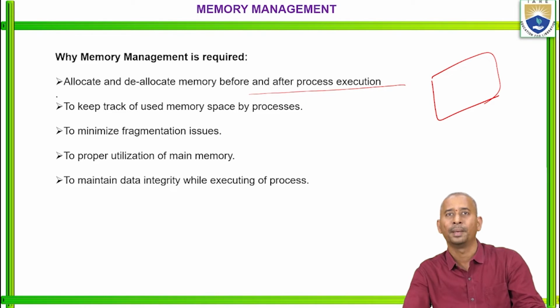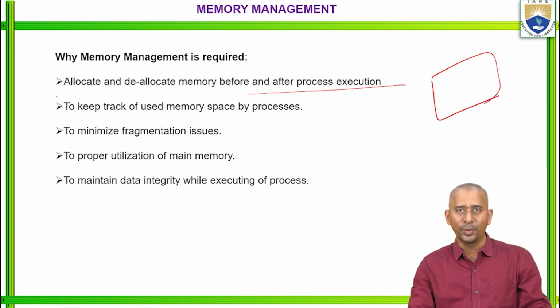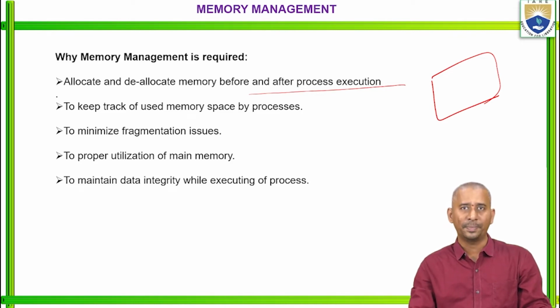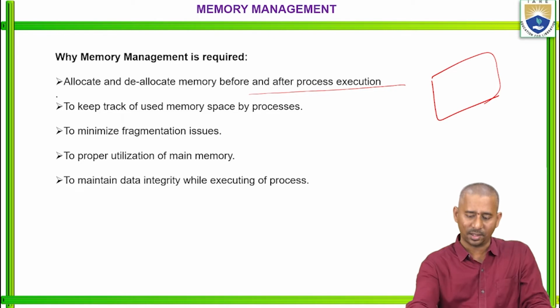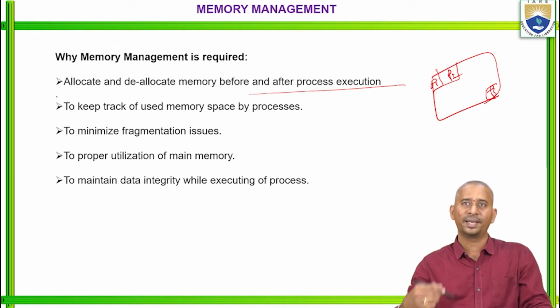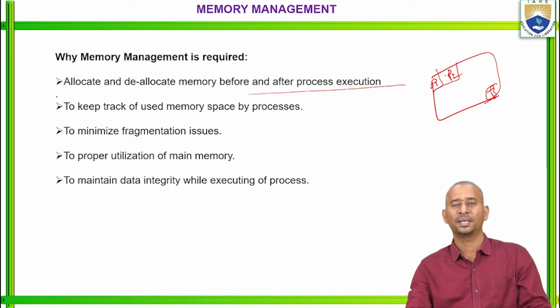Second, to keep track of used memory space by the various processes. For example, P1 is allocated, P2 is allocated, P3 is allocated. What are the various processes which use this memory space? That also we need to maintain. Third, to minimize fragmentation issues.